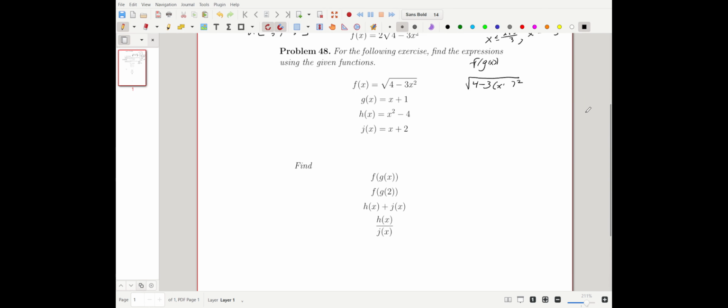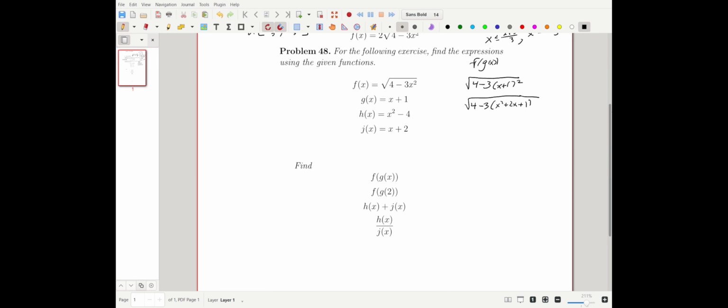So x plus 1. And from here, we're just going to do our expansion, follow order of operations, which tells us to expand the x plus 1 first. And so we're going to end up with the square root of 4 minus negative 3 times, and x plus 1 squared is x squared plus 2x plus 1.